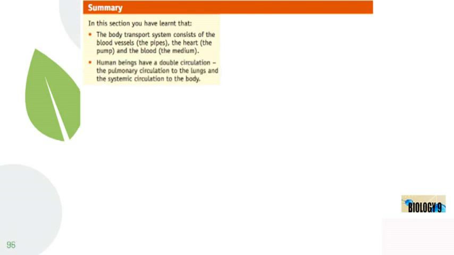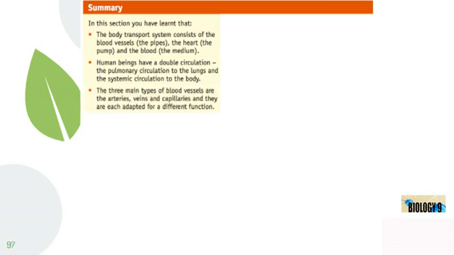Humans have a double circulatory system. Remember, the pulmonary one goes to the lungs, and the systemic one goes to the rest of the body. The three main types of blood vessels are arteries, veins, and capillaries, and they're each adapted for a different function. The heart is made up mainly of muscle. The heart pumps blood around the body in response to the needs of the tissues.